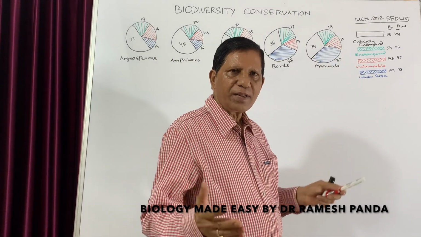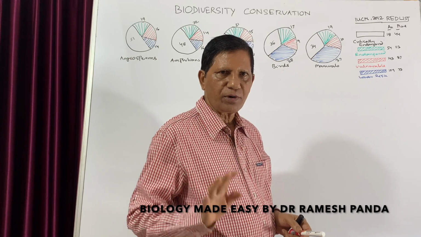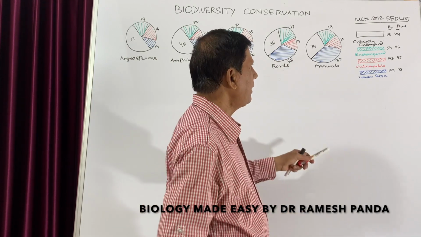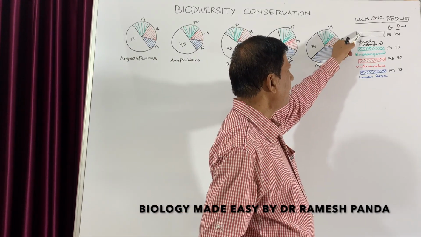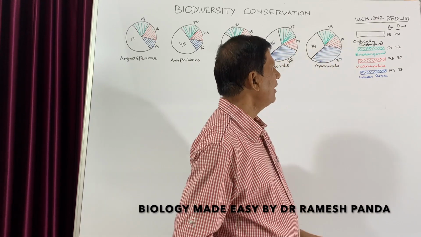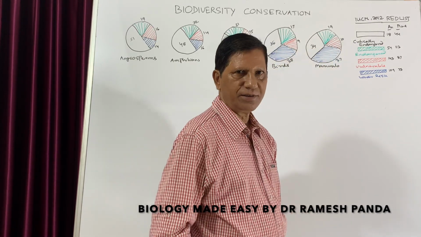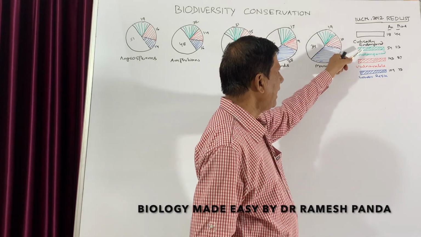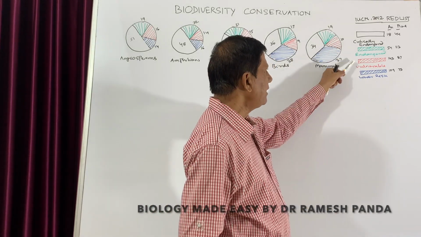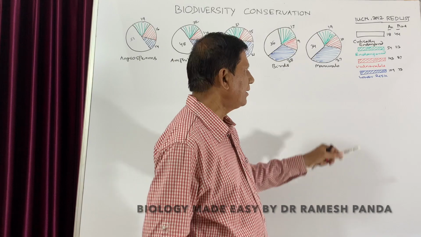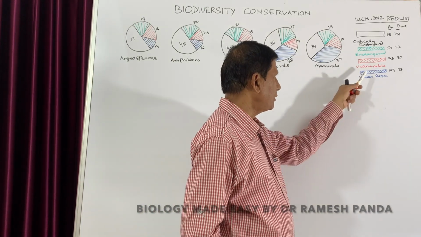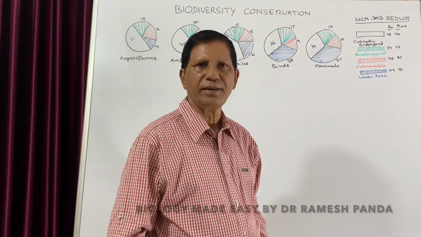Though different types are there, only 4 types are required for us now, which I have given here: the black one is critically endangered, the green is endangered, the red is vulnerable, and the blue color is lower risk.